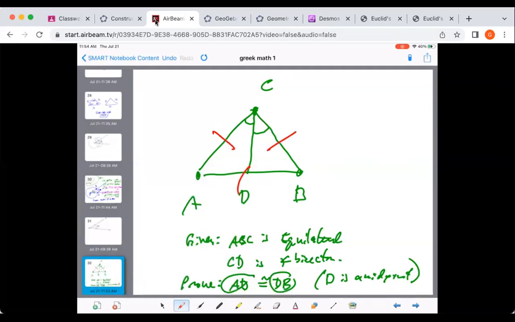So that's the side. The A comes from the angle bisector. And the third side is the shared side, the reflexive side. So the reason would be 1, 4.